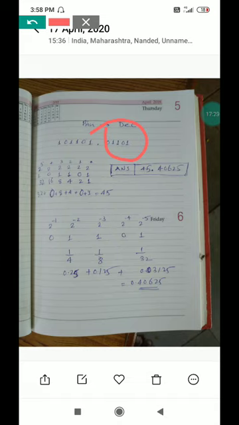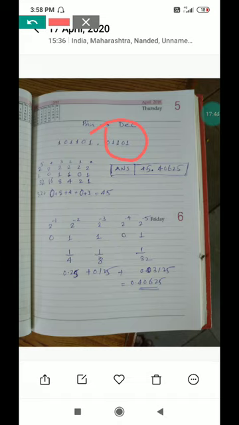So 2 to the power minus 1 is 1 by 2, 2 to the power minus 2 is 1 by 4, 2 to the power minus 3 is 1 by 8, 2 to the power minus 4 is 1 by 16 and 2 to the power minus 5 is 1 by 32. So wherever there is 1, you will consider that power, otherwise you will not. You will add all individual values and find the sum.